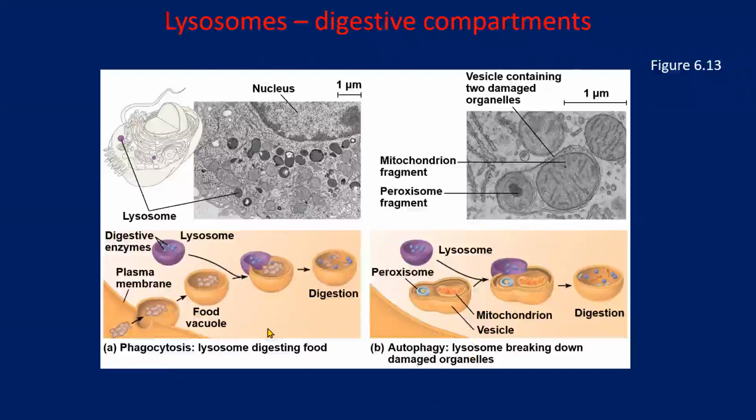In phagocytosis, there is a food vacuole, and that food vacuole has the food, which is digested by the lysosome. The lysosomes have these digestive enzymes, nothing but hydrolytic enzymes.